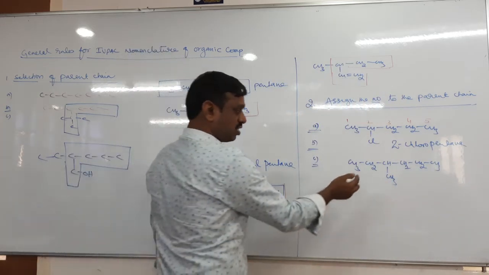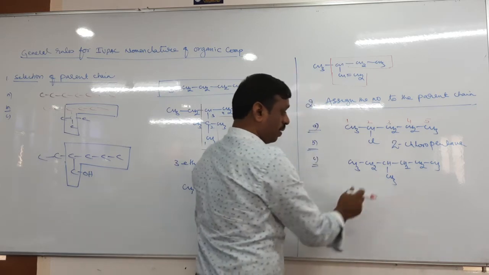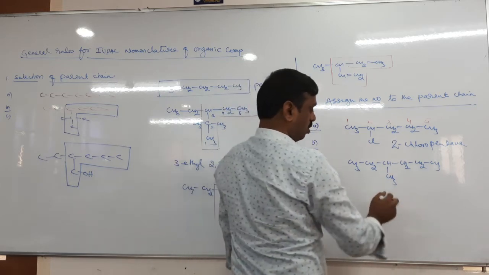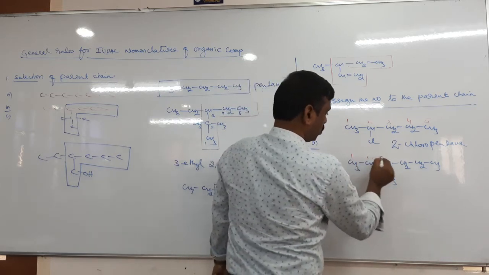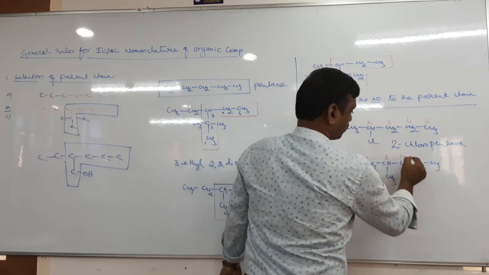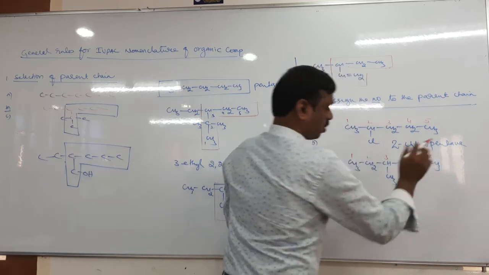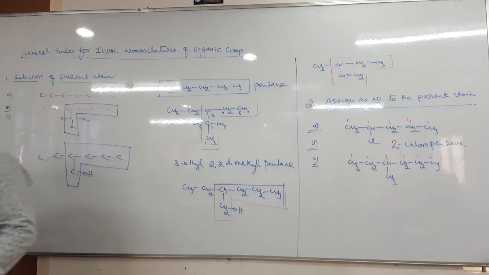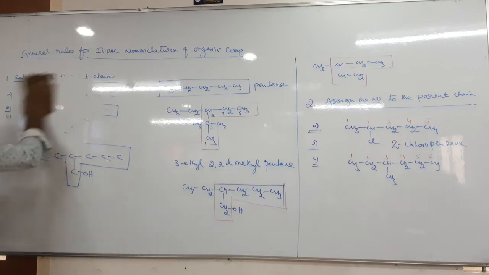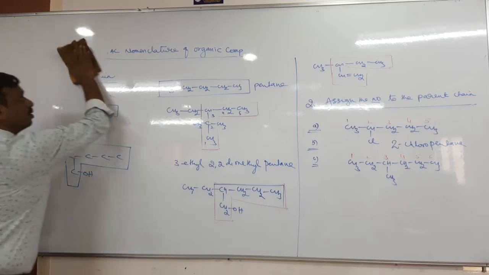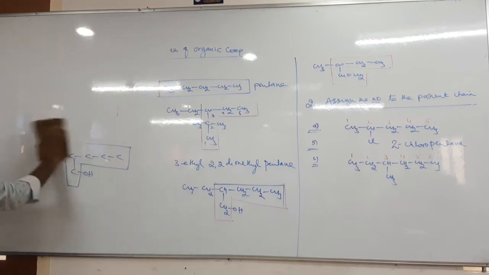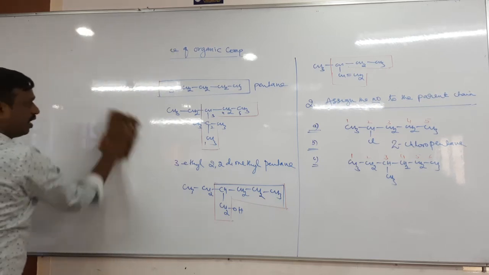Methyl is a substituent. The methyl group should get the least number: 1, 2, 3. So write the IUPAC name. Which methyl? 3-methyl hexane, no? 3-methyl hexane.